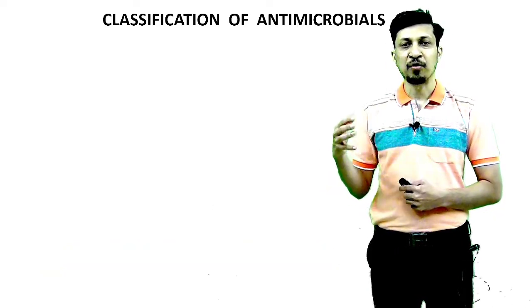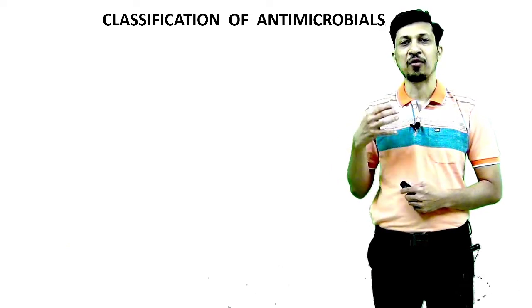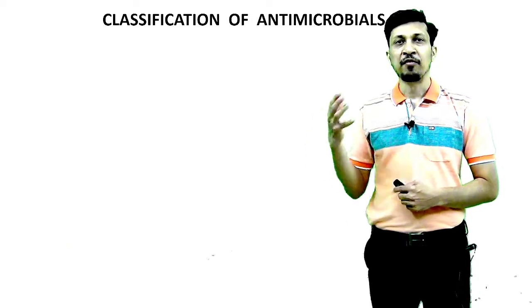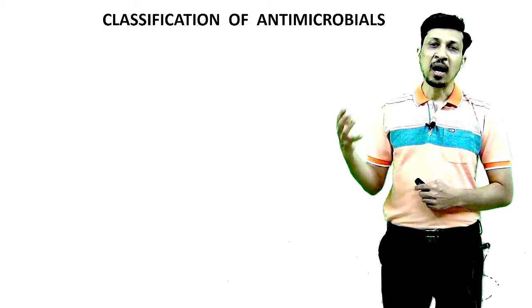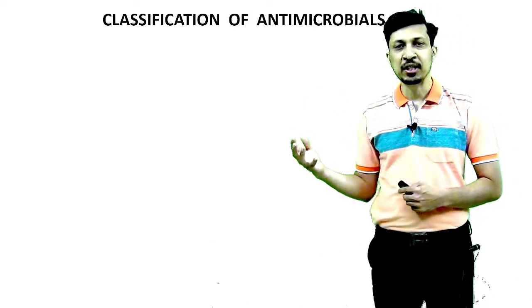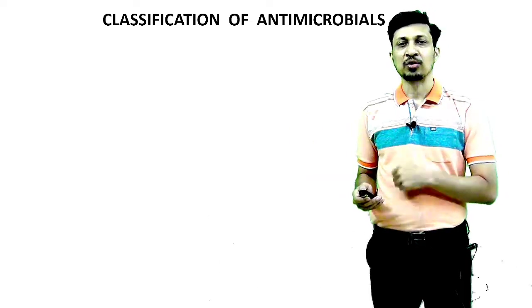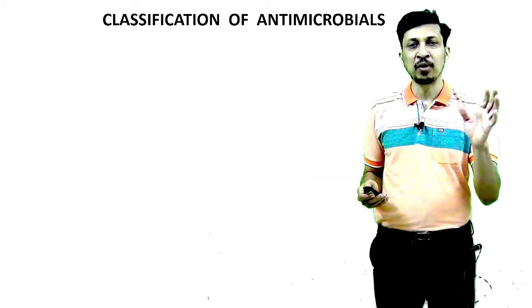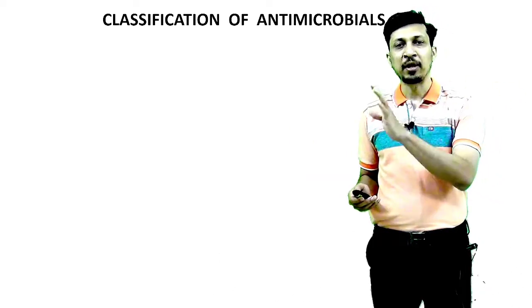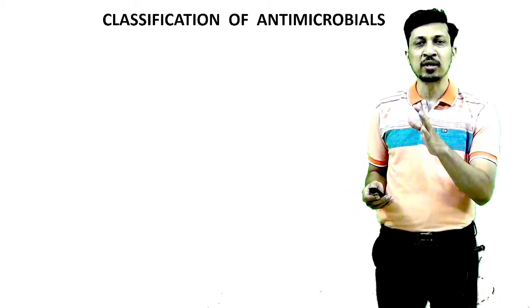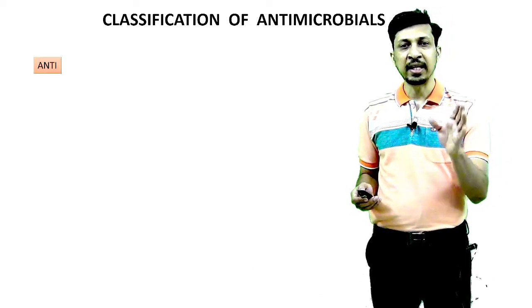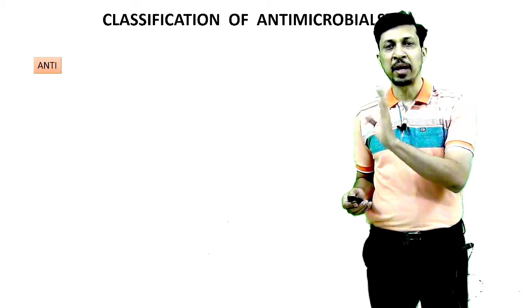So friends, before going into the classification of antibacterial drugs, we must know what antimicrobial agents are, or what you mean by antimicrobial drugs. If we divide the word antimicrobial, we get two words: first is anti and the second is micro.